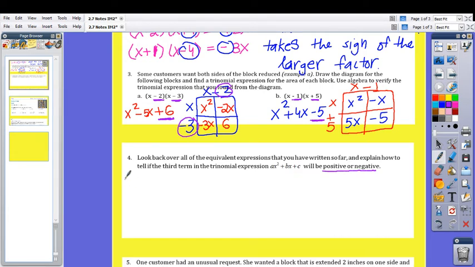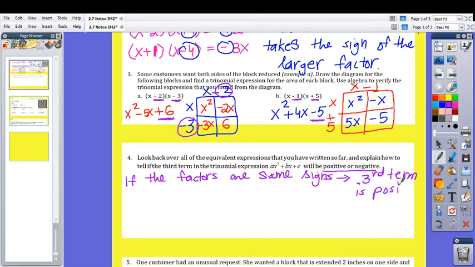So let's write that down. If the factors are the same sign, then in that case, the third term is always positive. Like in this case, we had negative 2, negative 3, and we got a positive third term, okay?